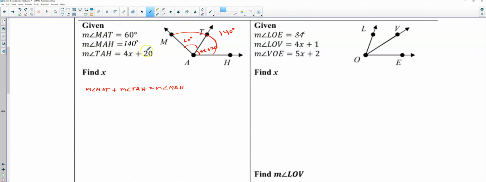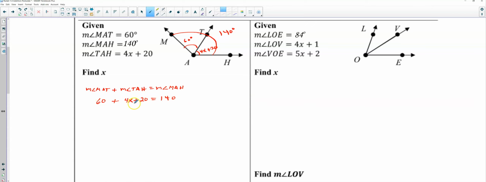So be careful because sometimes they don't give it to you in order, so that's why I mark my stuff. So MAT plus TAH equals MAH. So now I could substitute. MAT is 60 degrees plus TAH is 4x plus 20, and that should equal 140 degrees.